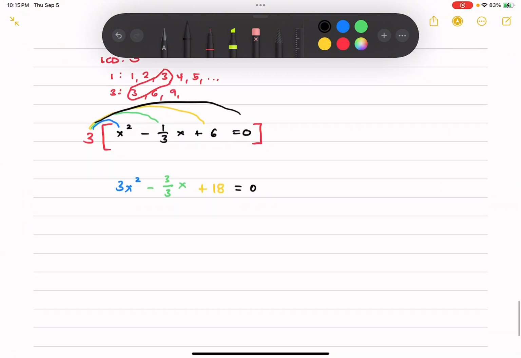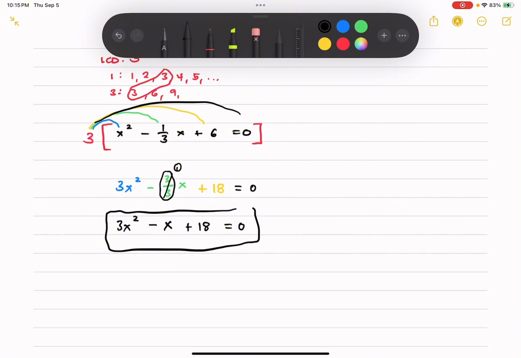Okay, so ngayon, we have 3x squared minus, what is 3 over 3? 3 divided by 3 is 1x. So kapag 1x na yan, tinatanggal na natin yung 1. X na lang yan. So, sulat lang natin ulit kasi 3 over 3 is 1. Right? So, 1x or simply x plus 18 equals 0. So, this is now the quadratic equation set in standard form.